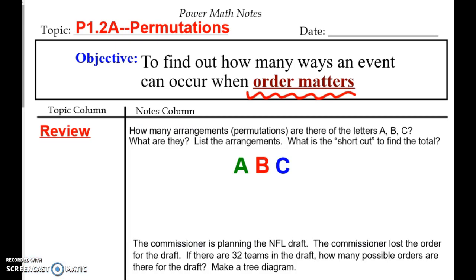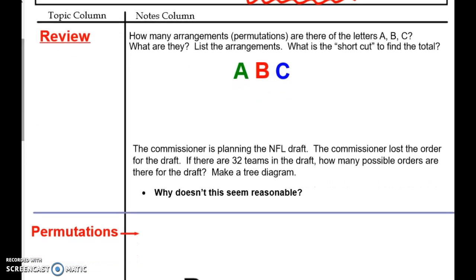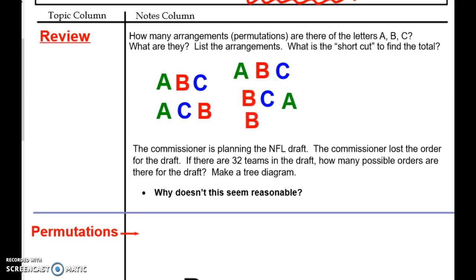The first question that I have here is we are going to review how many different ways you can order these letters A, B, C. Remember, if I drag those out, I can order them with A in the first spot, flipping B and C. Then I can have B with C and A in the second spot, flipping those around.